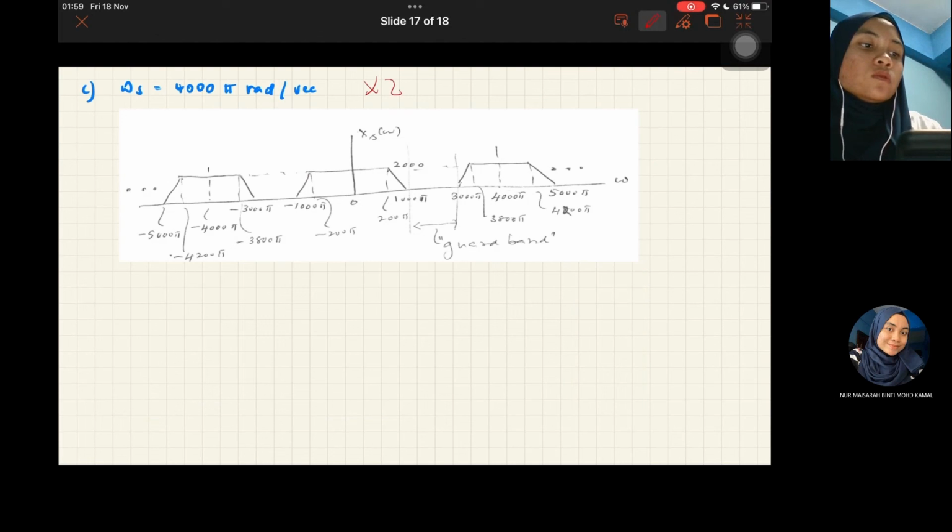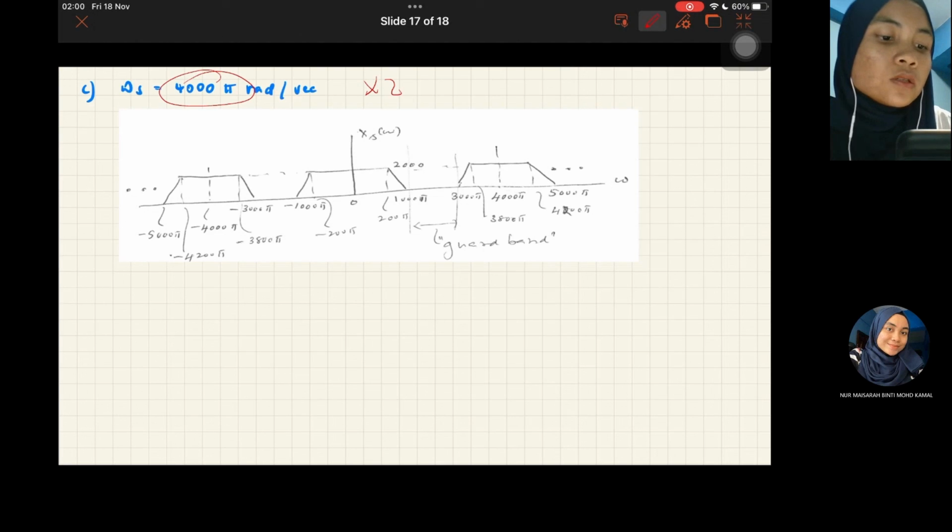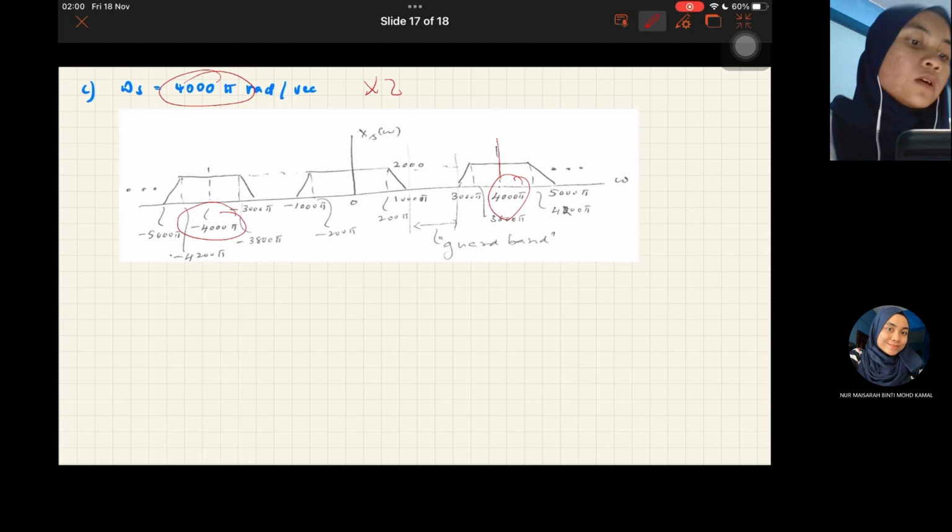So we get the answer 4000 pi radians per second. Then we sketch the graph. The center of the graph is 4000 pi, and the negative side is negative 4000 pi. The gap between the graph copies we call the gap length.